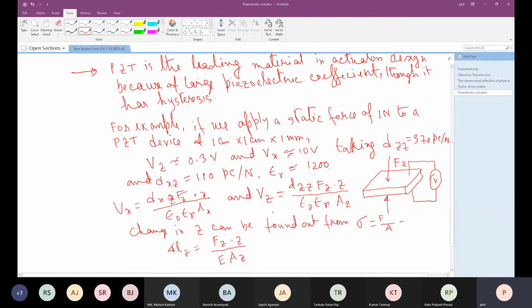E is the elastic modulus. So of course sigma can be related by E into delta L by L.